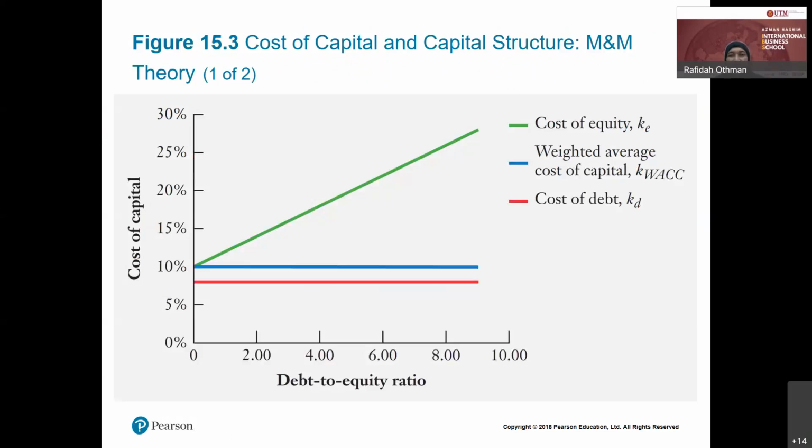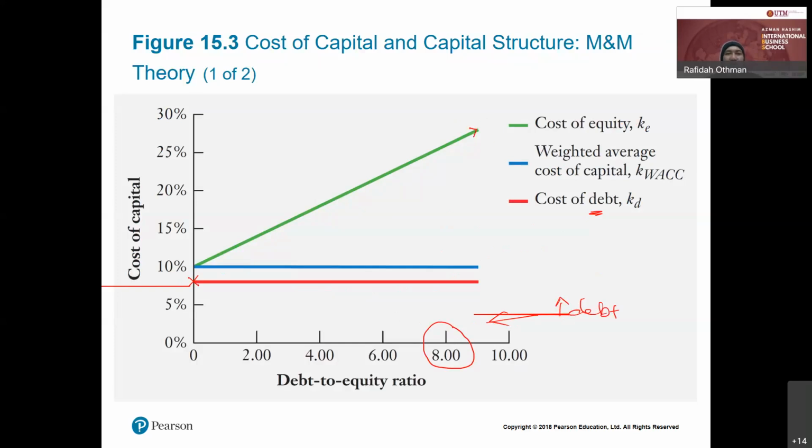However, when the debt to equity ratio is increasing, and we assume that the cost of debt is the same, meaning that debt is increasing, we can see that the cost of equity will increase.